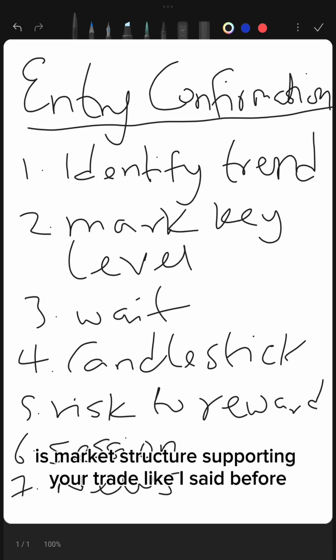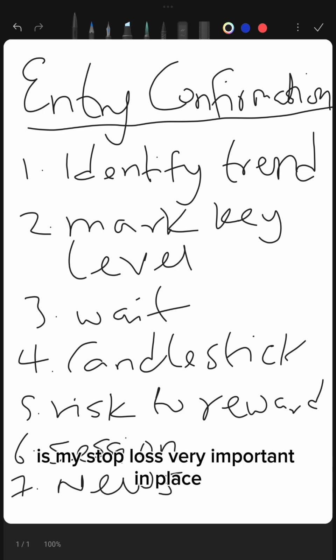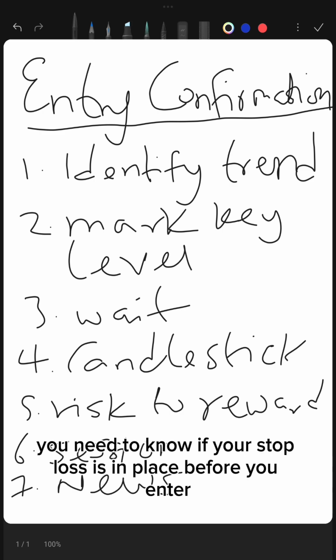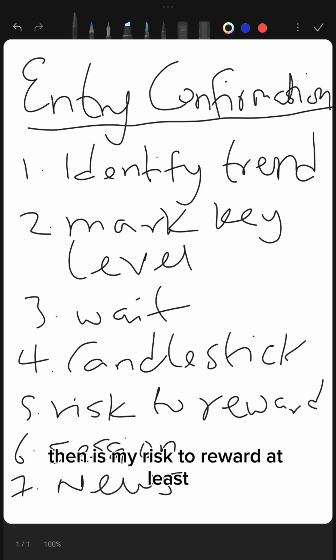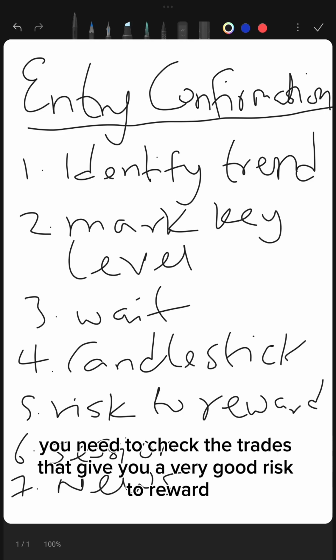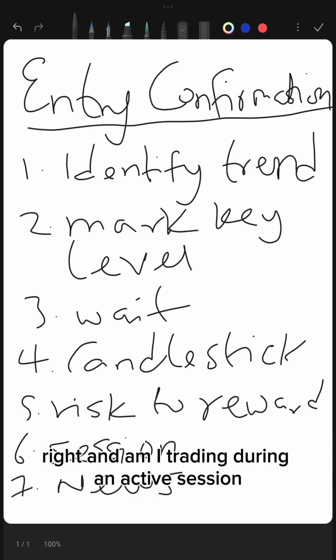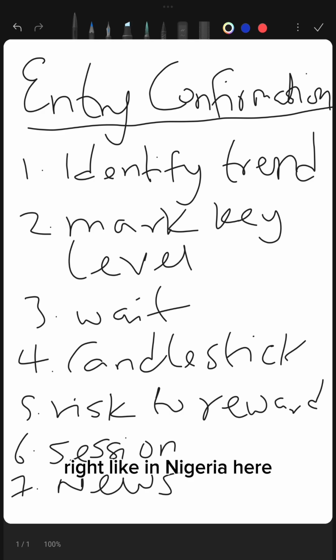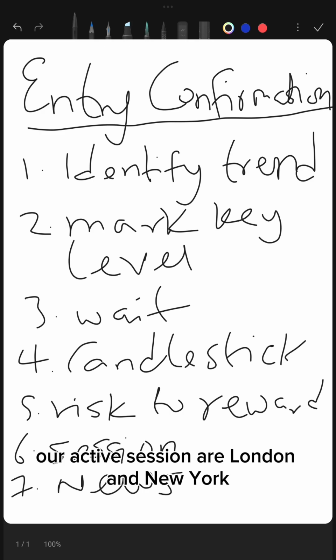Is market structure supporting your trade? Like I said before, is my stop loss, very important, in place? You need to know if your stop loss is in place before you enter. Then is my risk to reward at least 1:2 or 1:3? You need to check the trades that give you a very good risk to reward. And am I trading during an active session? Like in Nigeria here, our active sessions are London and New York.